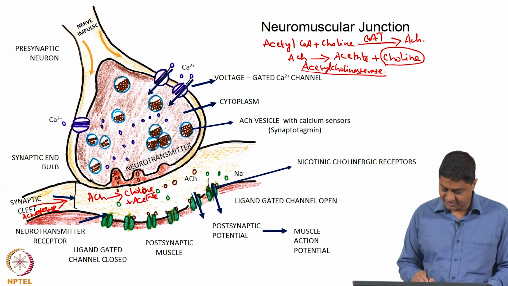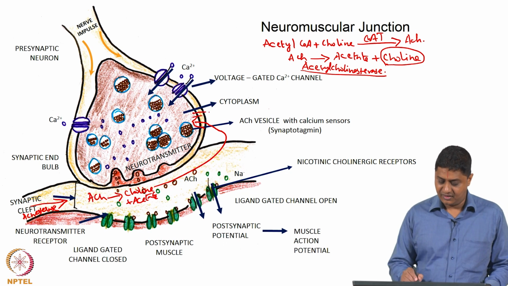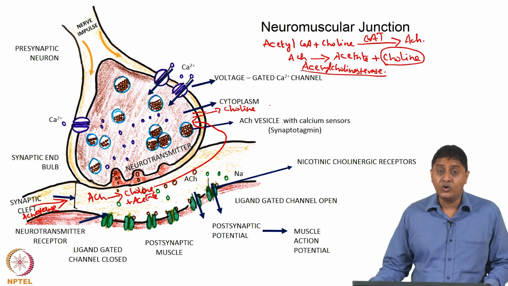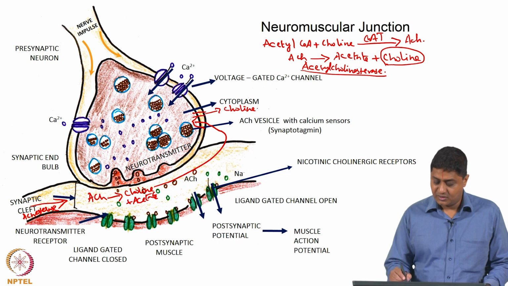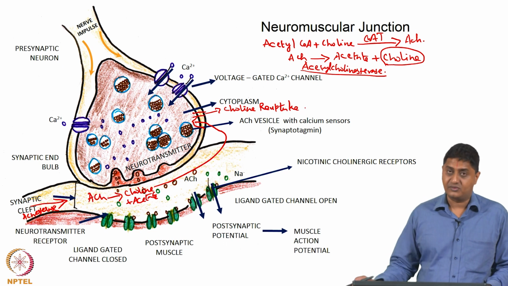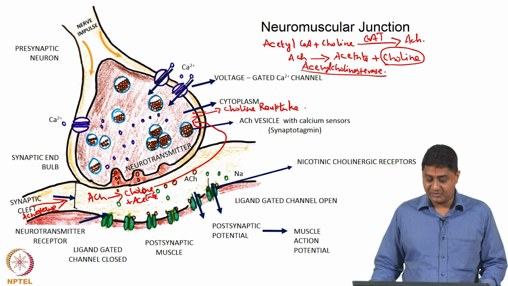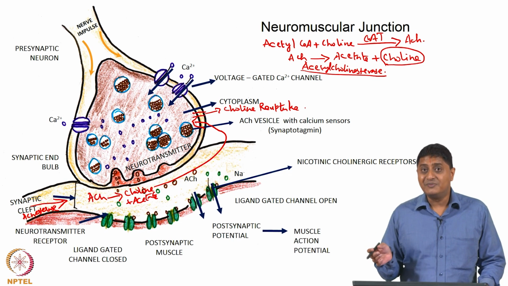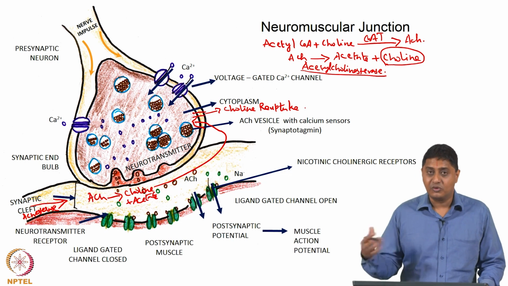The acetate escapes the system, whereas choline is reuptaken into the presynaptic terminal by what are called choline reuptake mechanisms. This choline will be recycled by choline acetyltransferase to make more acetylcholine.